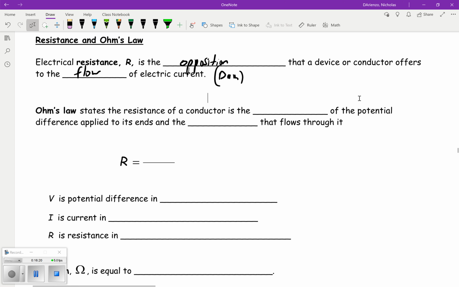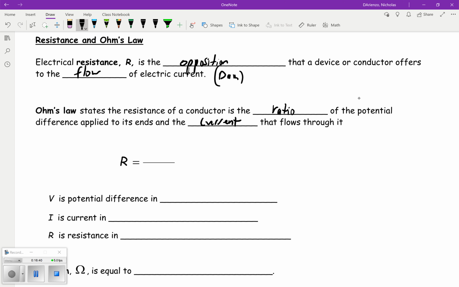Now, Ohm's law says that the resistance of the conductor is the ratio of potential difference applied to the ends of the resistor and the current that flows through it.